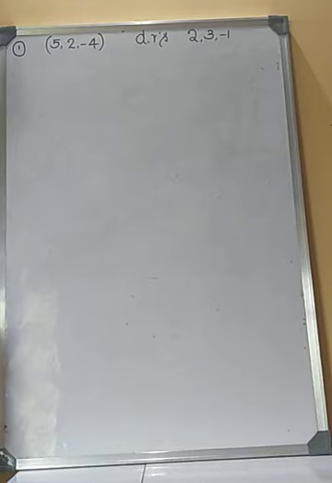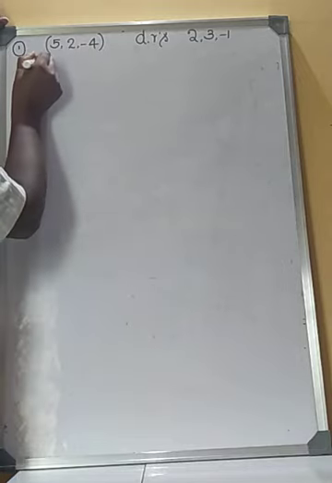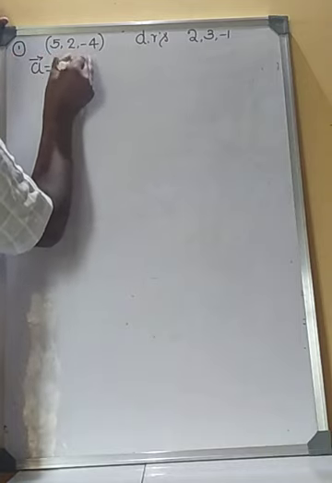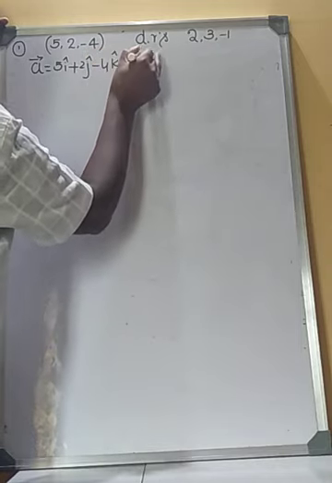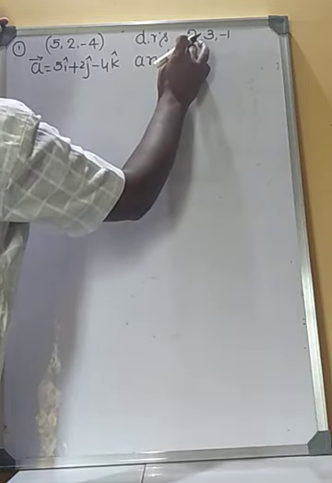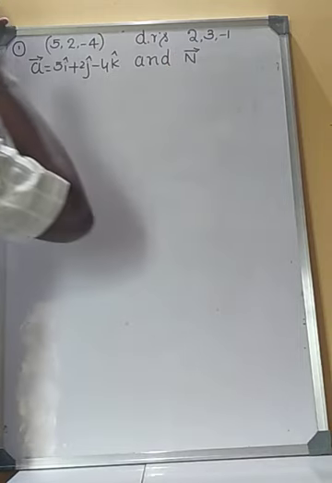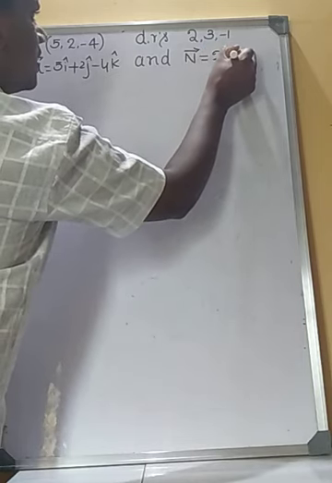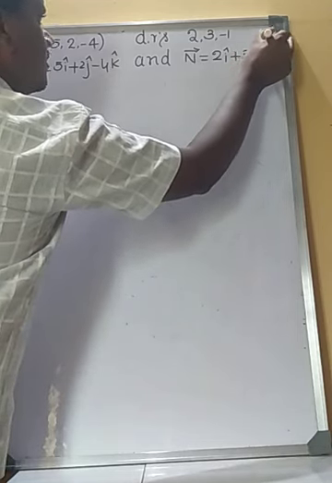Now we have the position vector of the point (5, 2, minus 4), and the direction ratios 2, 3, minus 1 are perpendicular to the plane, that is n vector is equal to 2i plus 3j minus k.